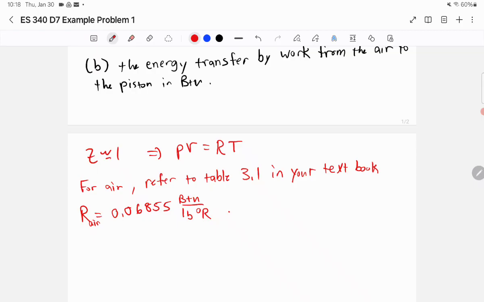Another way we could do this is to find capital M in table A1 and take R bar divided by M equal to R. Now you'll find that although these are going to be rounded slightly differently, you'll get something pretty close to 0.06855 if you do that.